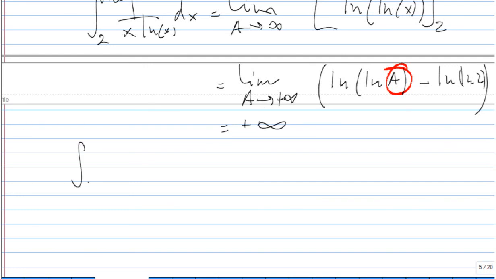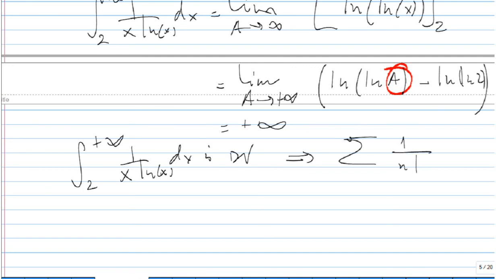So this improper integral is divergent, which gives me that the series 1 over n ln n from 2 to infinity is divergent by the integral test.